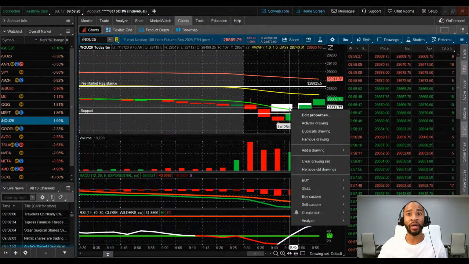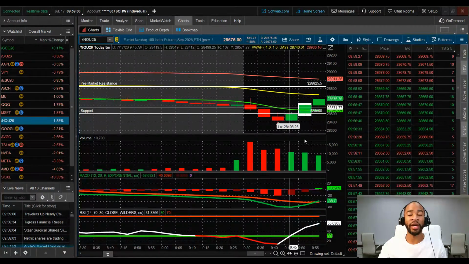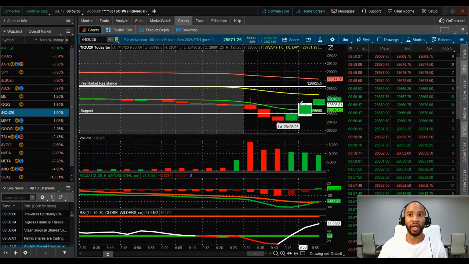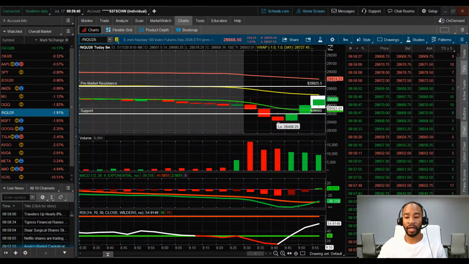Once we broke back above that previous support, and sometimes support can turn into resistance, that was my cue to size up for a move towards the upside and go long. So I went long, right? And I sold right here on this candle.